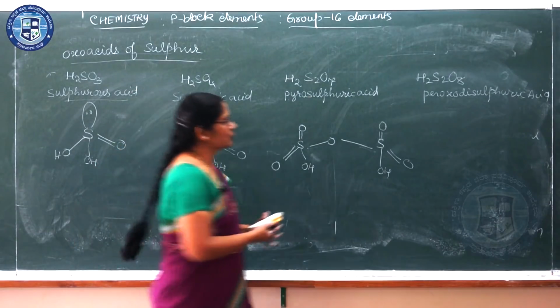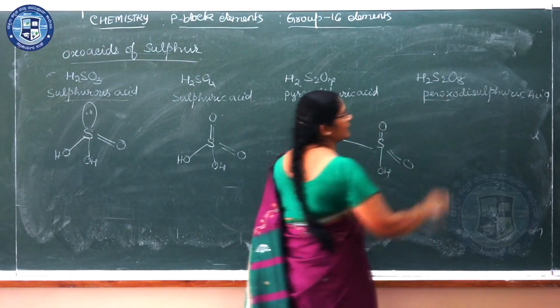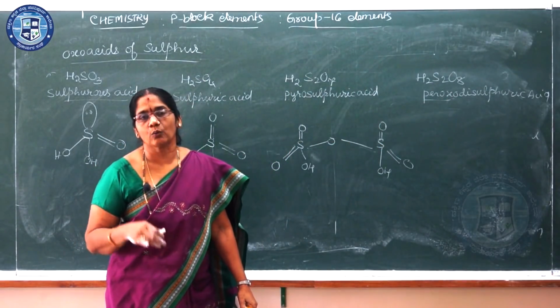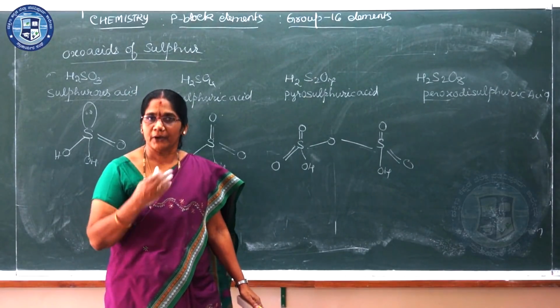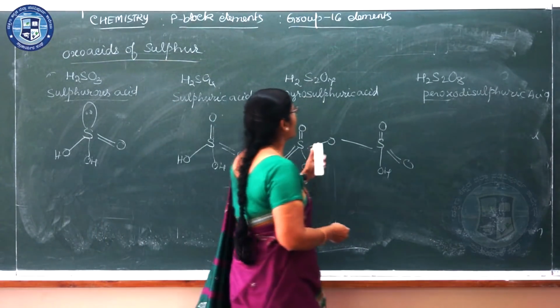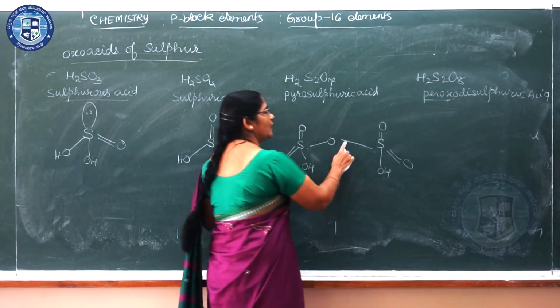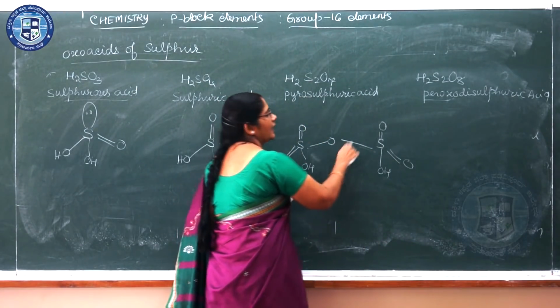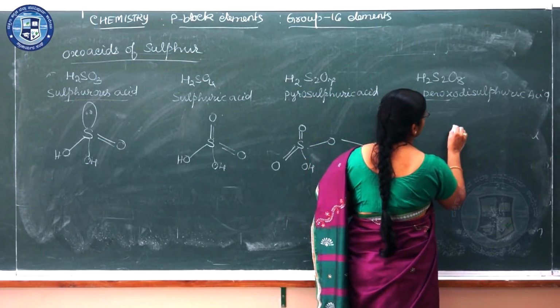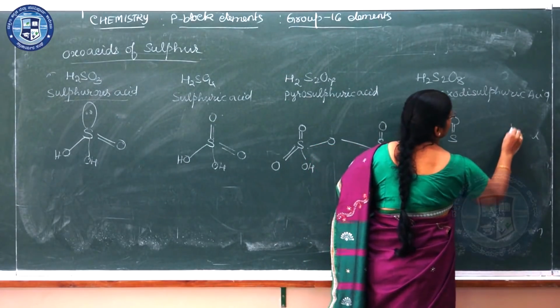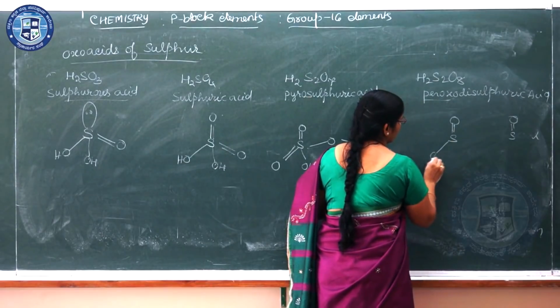Now peroxo means 1 extra oxygen, like water H2O and H2O2. Peroxo means 1 oxygen is more, a peroxide bond. So you add 1 more oxygen in between and that will give you this compound.